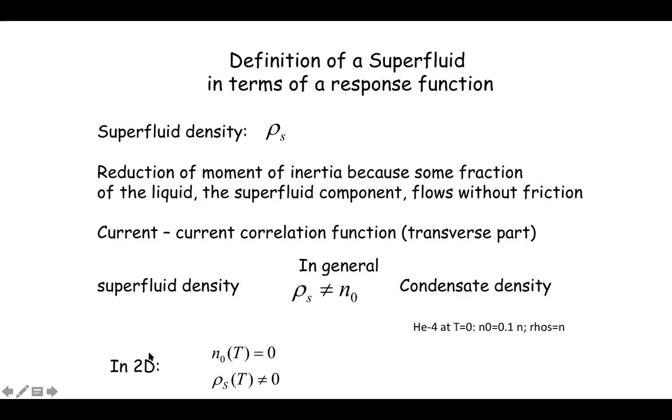in 2D, we saw that in the XY model, right, the correlations were always power law. So if the off diagonal long range order doesn't reach a constant, then there is no condensate. And that's what we saw. Even at finite temperatures, there were power law correlations, except at 0 temperature.